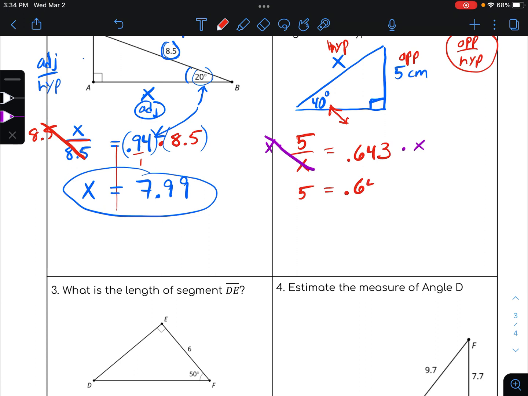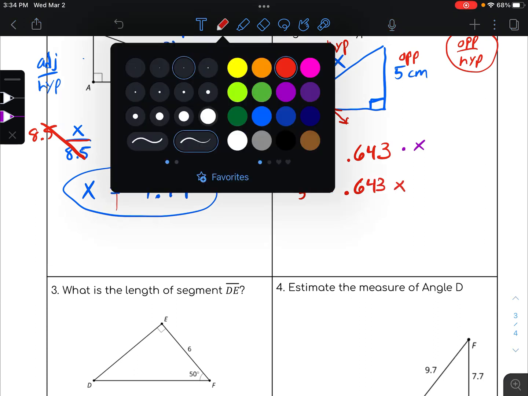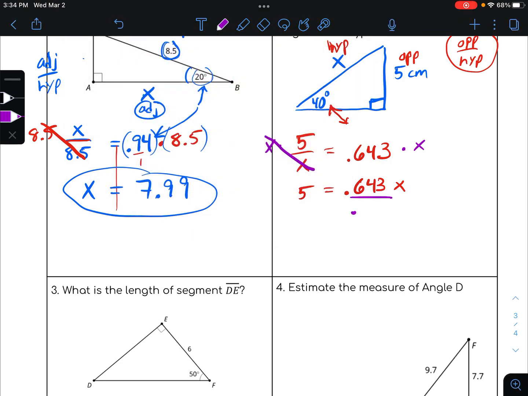And over here we have 0.643x. We're not quite there yet. So now divide to undo. If we're trying to get x by itself, we're going to undo this multiplication by dividing both sides by 0.643.